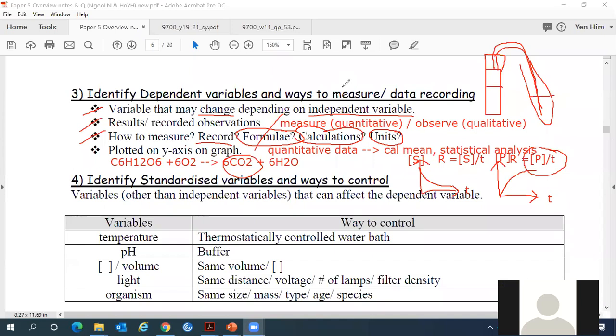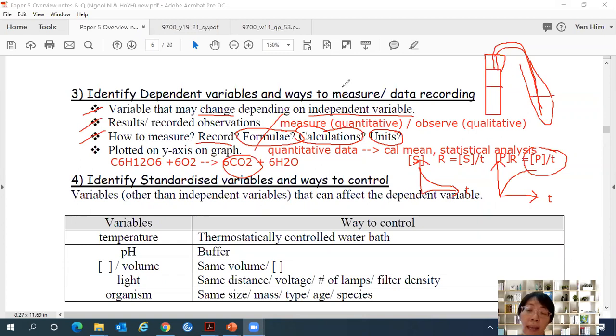I couldn't hear you clearly. What is the unit that you're going to give for this formula? Yeah. Is it seconds? Number of bubbles per second.